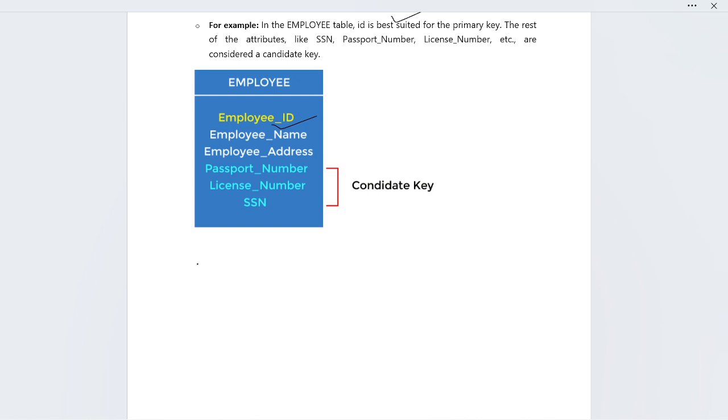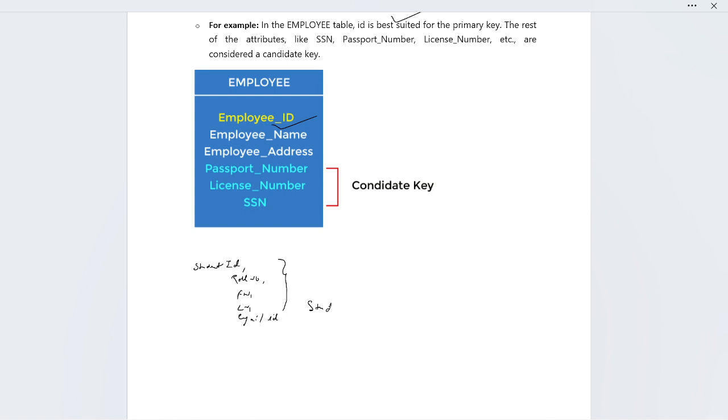If we have a table with student ID, second one is roll number, third one is first name and last name, and email ID, and we say this is the student table.